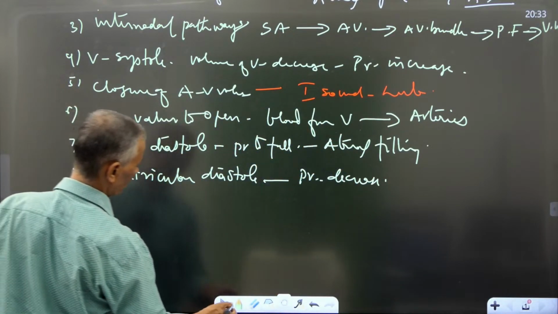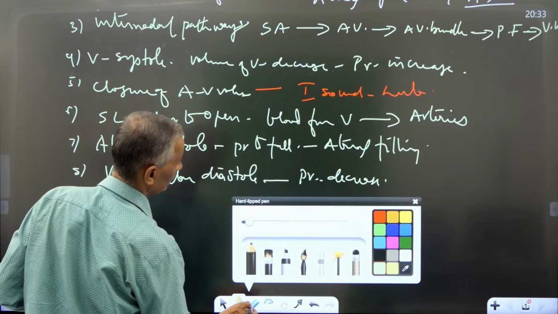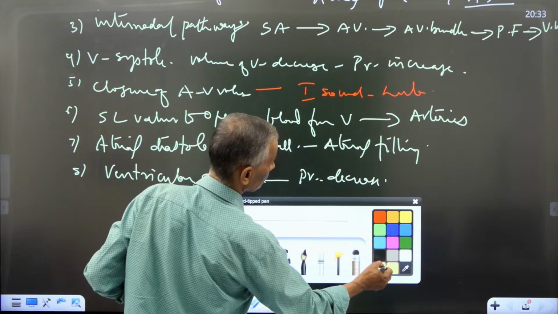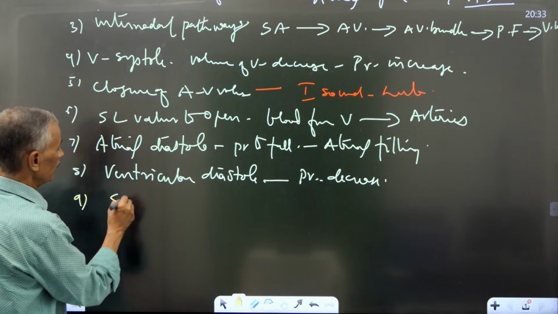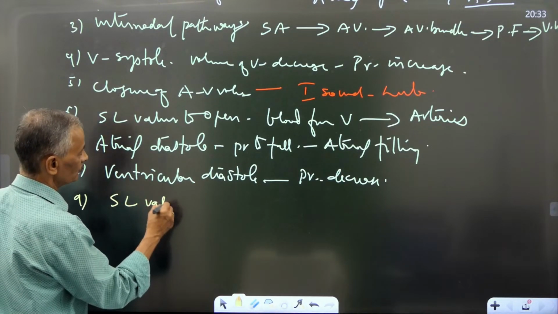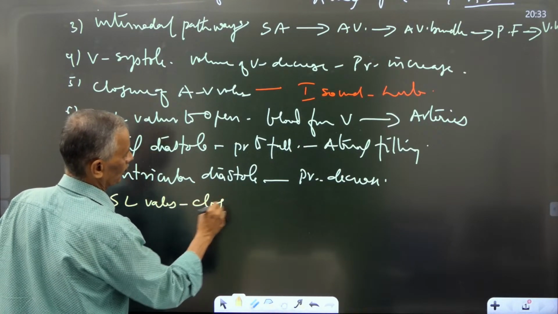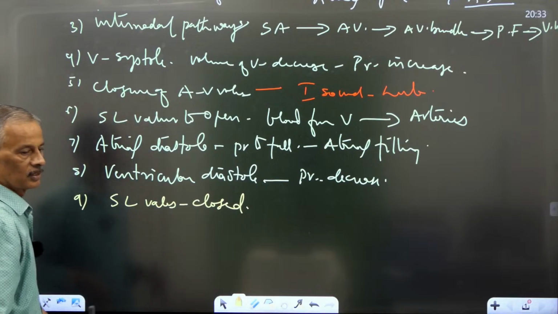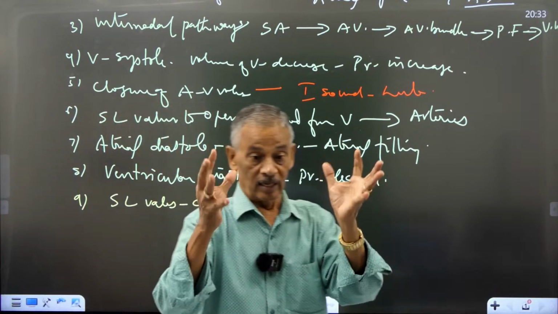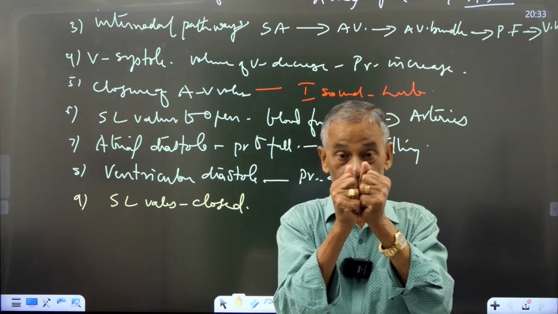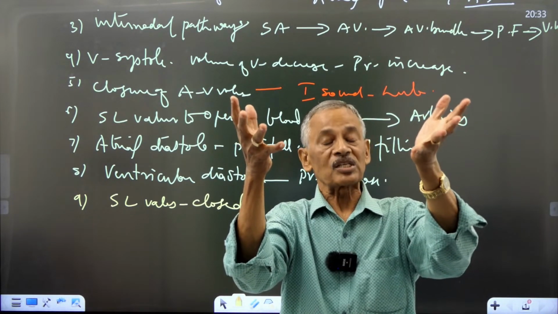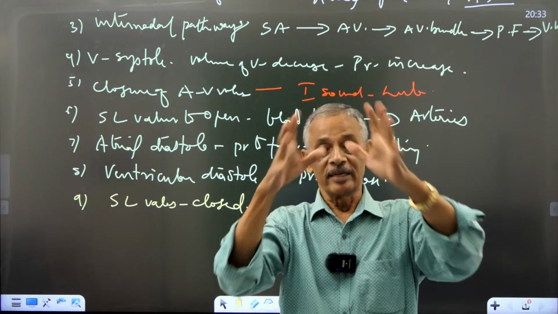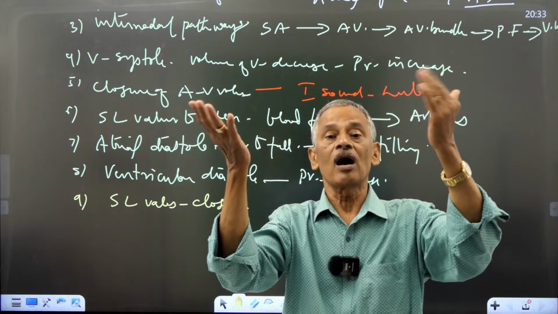So when the pressure is decreasing, you are having the semilunar valves getting closed. It was the systole that caused the valves to open. High pressure caused the valves to open. When the pressure is decreasing, immediately the valves are closed.